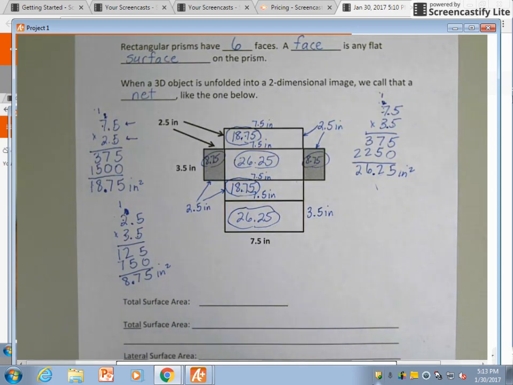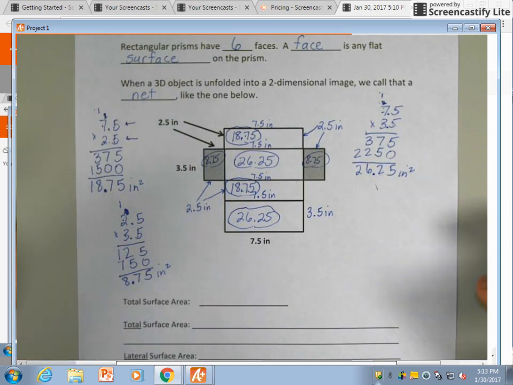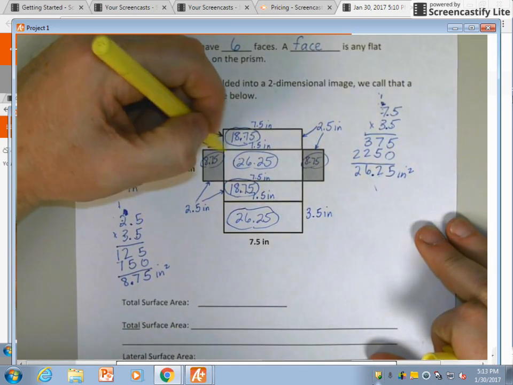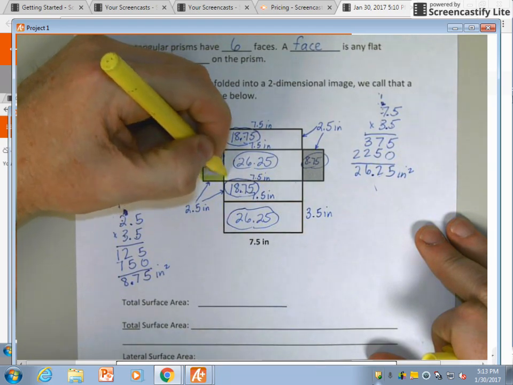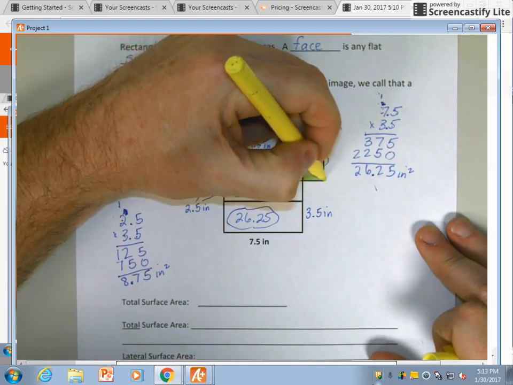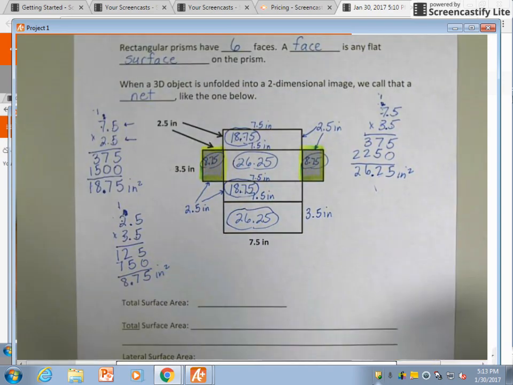What I want you to recognize is, in this particular shape, we have to be told what our bases are, and we'll talk about what that means in a minute. So I'm just going to tell you now that the bases of this figure are these two smaller rectangles that were shaded in. Those are the bases.